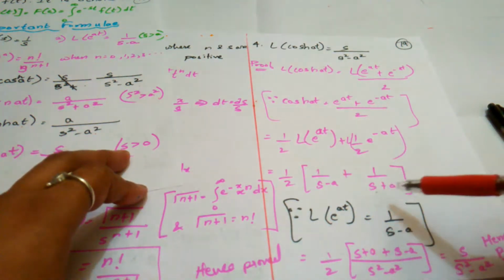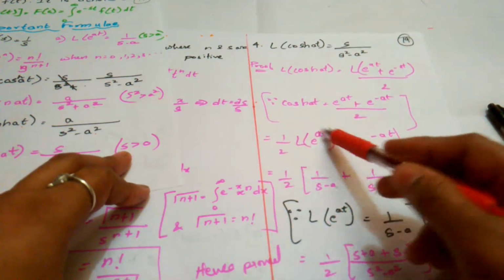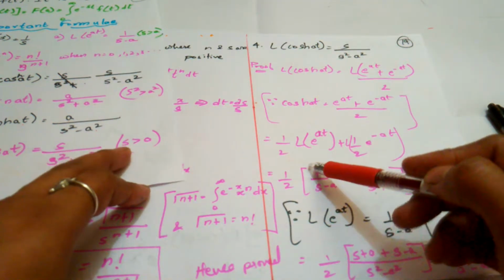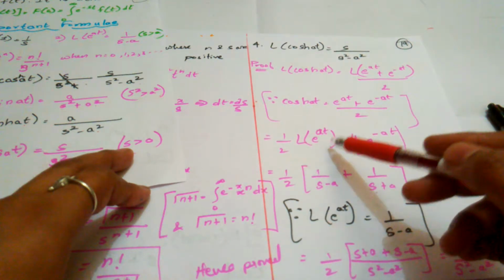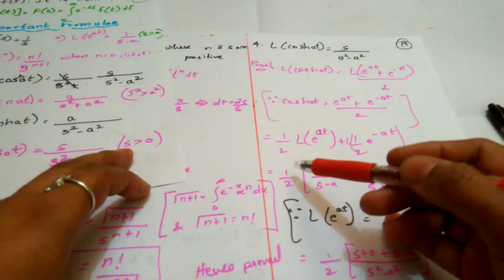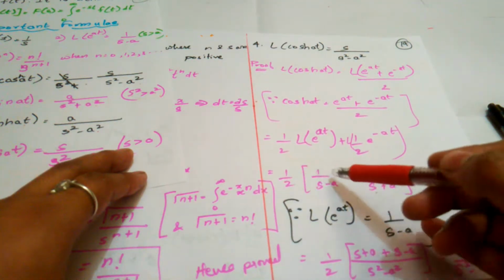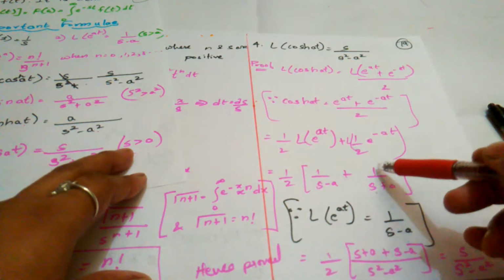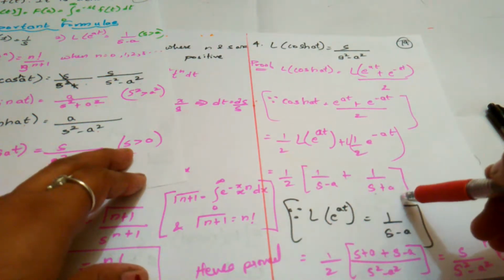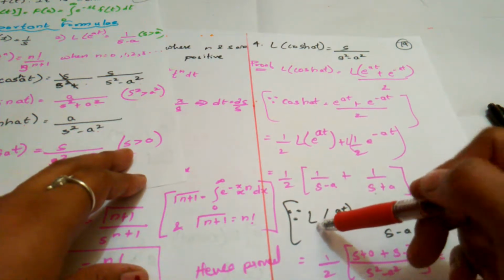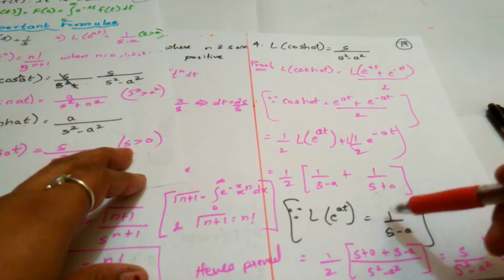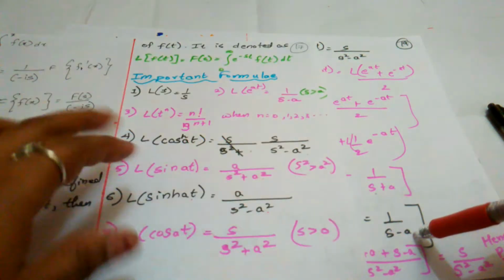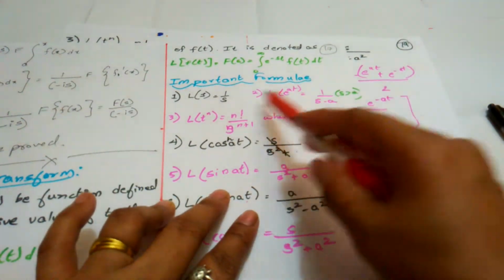Now we substitute a formula here. This is equal to 1 upon 2 times 1 upon s minus a plus 1 upon s plus a. We have used L of e raised to at is equal to 1 upon s minus a, which is our formula number 2.